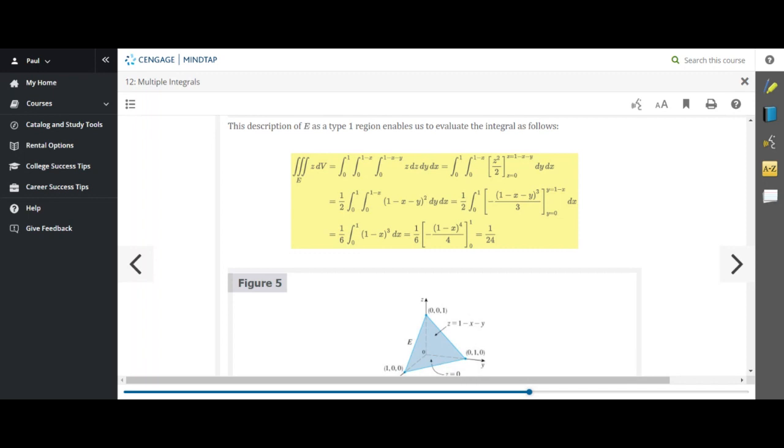Okay, so let's go to a problem here. Now, this problem, I'm not actually asking you to copy down because it's in your textbook.